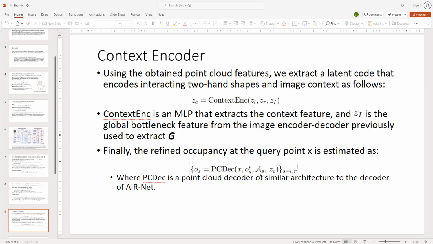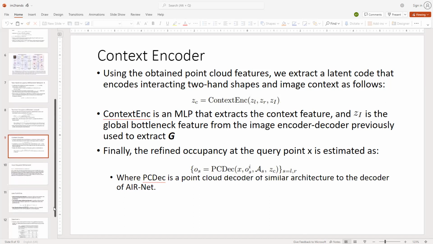So all of these are used in the decoder. And the architecture of the decoder is similar to the decoder of AirNet. So now we finally have the overall occupancy value for a particular query point.